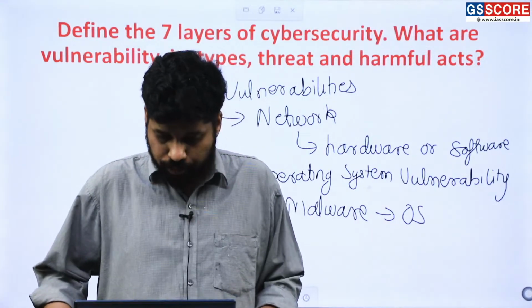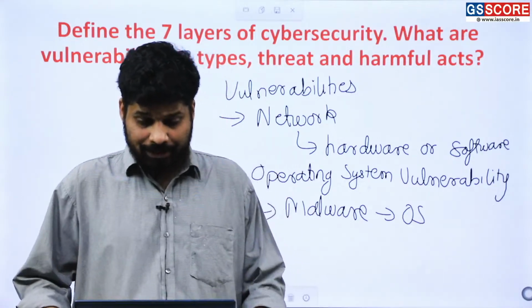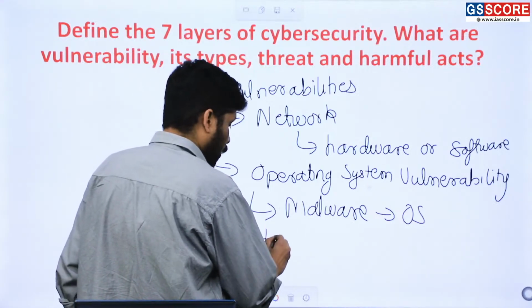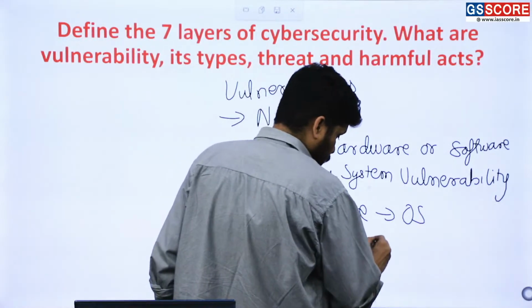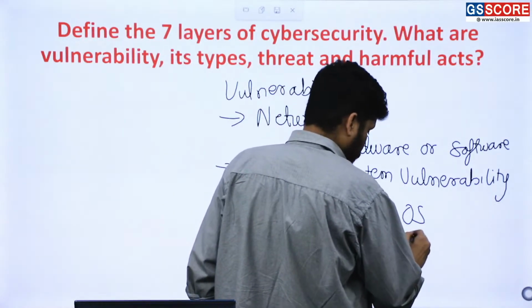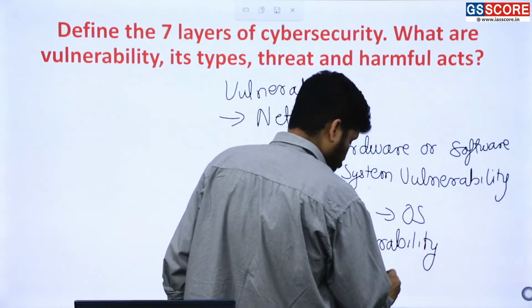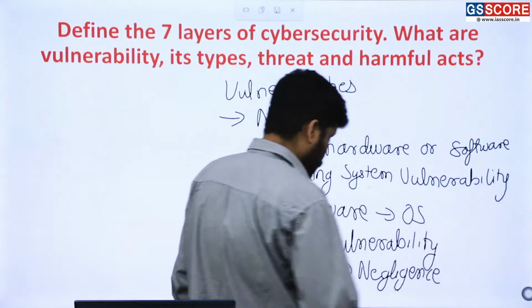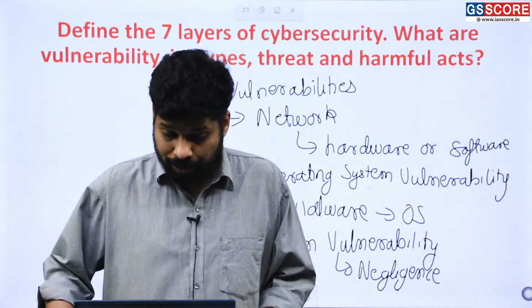And then we come to human vulnerability, that is negligence. Human vulnerability basically is negligence that leads to weakness in the system. And process vulnerability.